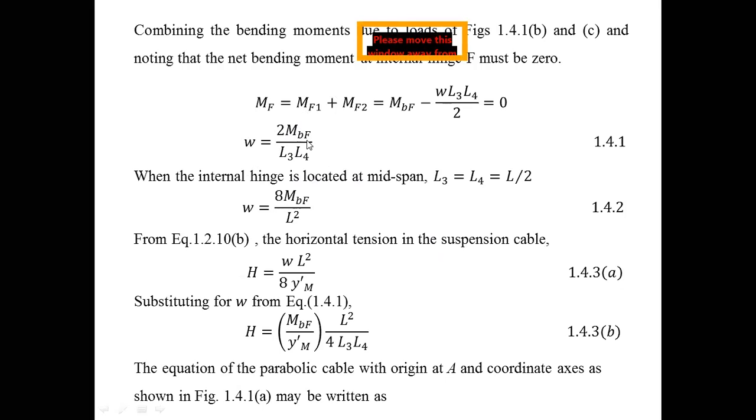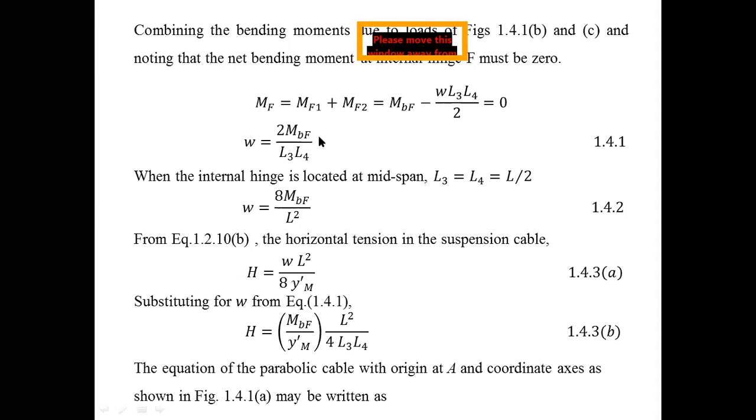W is equal to 2 M_BF by L3 L4. But what is M_BF? It is the bending moment at a particular point, F point, due to applied load in a simple beam. So keep this aside. Then what happens? 2 into W, 2 into L3 into L4. What is MB? If any simply supported beam is subjected to uniformly distributed load, what is MB?